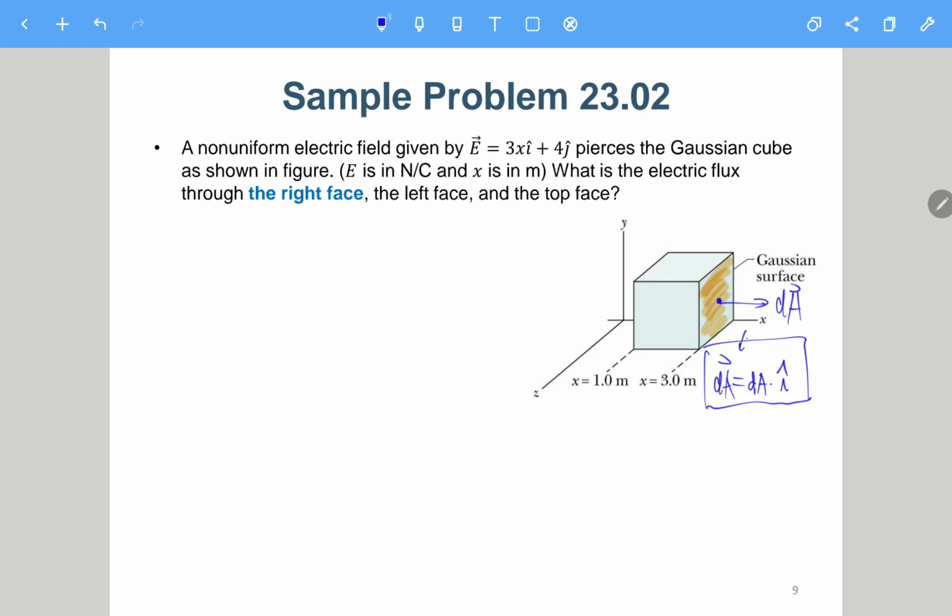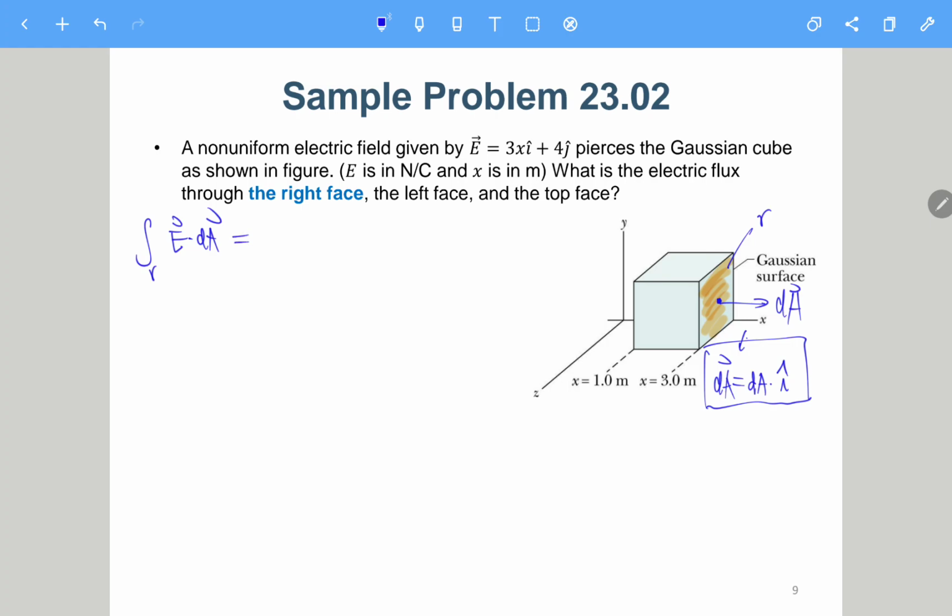Here we would like to calculate the integration of E dot dA. We can just call it R, small r, meaning right. Here we denote it as R. We can just put some notation. If you call it capital S, you can put an S there, or if you call it C, then you can put C there.